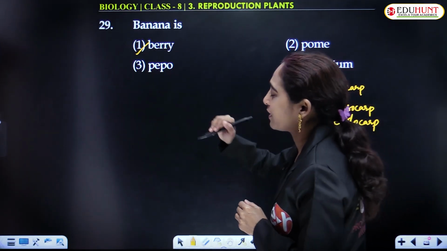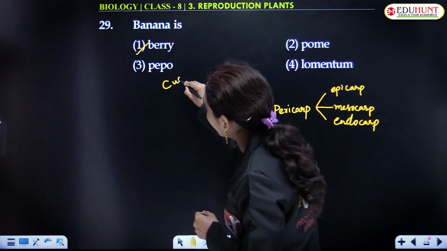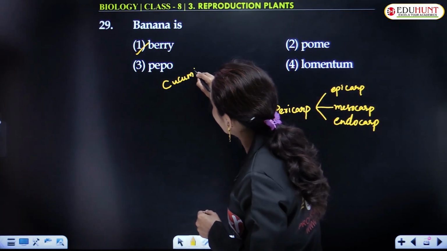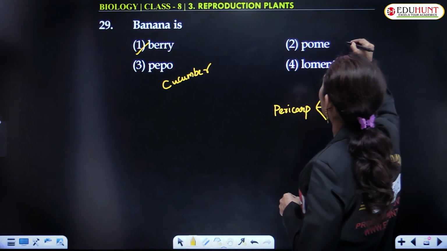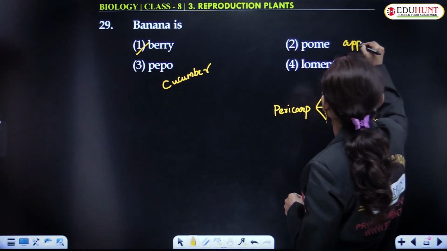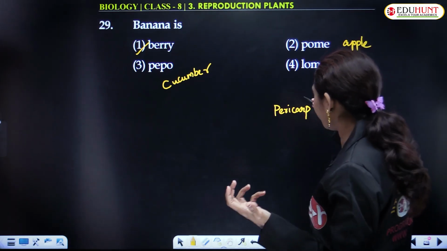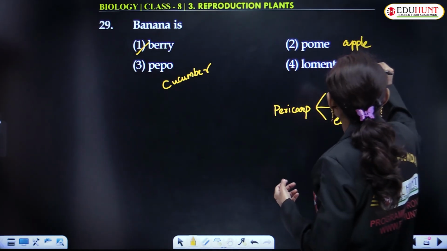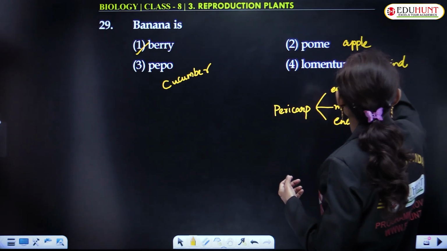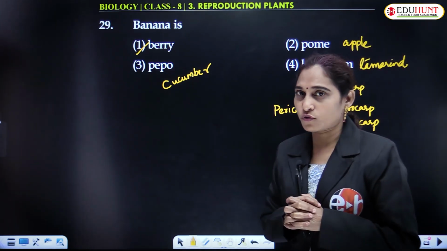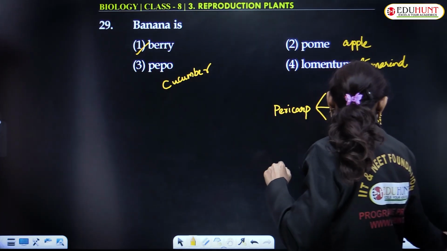A pepo is seen in cucumber, with a thick rind. Pome is seen in apple. Lomentum is seen in tamarind. So these are various types of fruits. In banana we see a berry-like fruit.